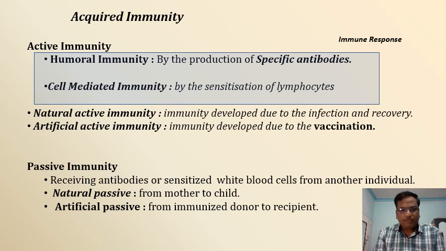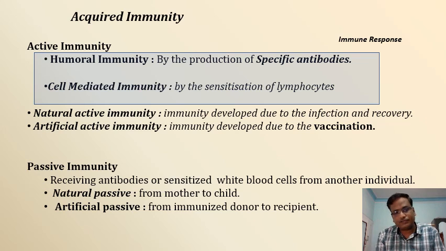And to sum up, in the next video, we are going to study the types of immune responses, how the body responds to the infection. In active immunity, how the body is going to produce antibodies and cells, etc. And actually, our body responds in two ways. One is called humoral immunity, which is associated with the production of antibodies, and the other method involves the cells, which is called cell mediated immunity.